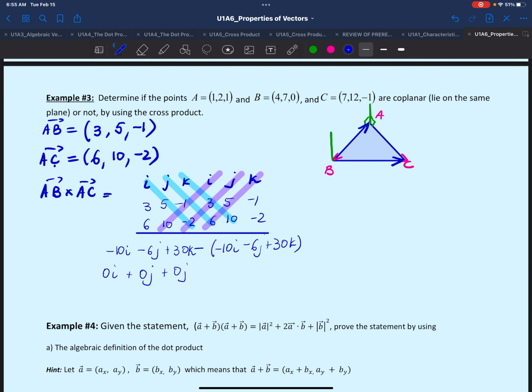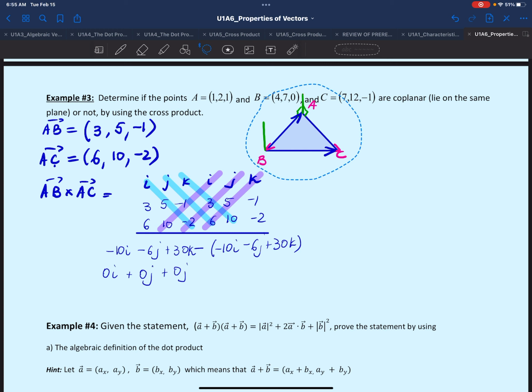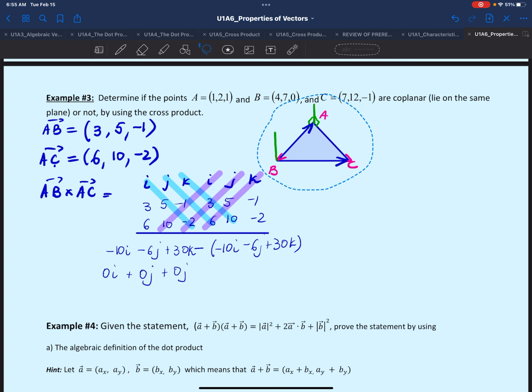So we're doing now vectors BA and BC. We can choose any sets of vectors, basically. But I picked BA and BC. So we would expect the same thing to happen. So for BA, we have B is the tail, A is the head.